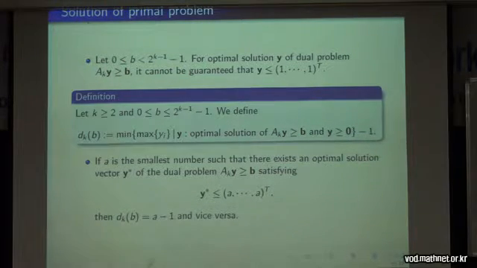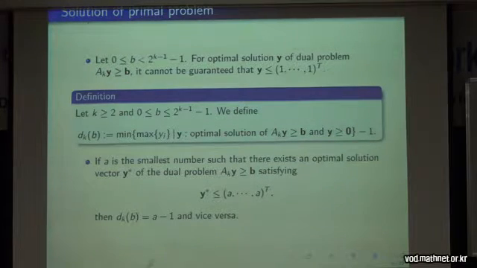So I'll define dk of b as this. Consider all the optimal solution vectors of this dual problem, take the maximum of the components of each optimal solution vector, and take the minimum. It's hard to understand, but the meaning of this definition is here.